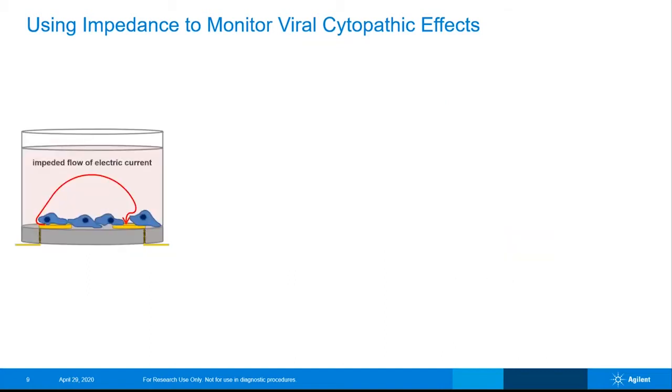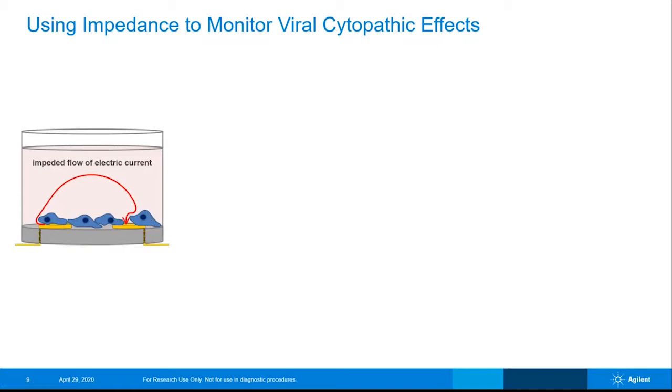One of the things that we've seen consistently over time is that impedance picks up on viral cytopathic effect even before you're typically able to see this by microscopy. If we look at a largely confluent monolayer of cells, there's a very large resistance in the flow of current.